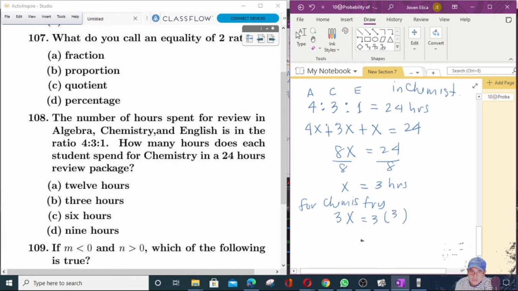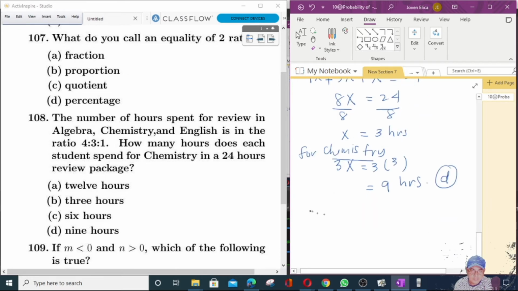So the answer is 9 hours. So 9 hours is the number of hours spent by each student in chemistry, so the answer is letter D, 9 hours.